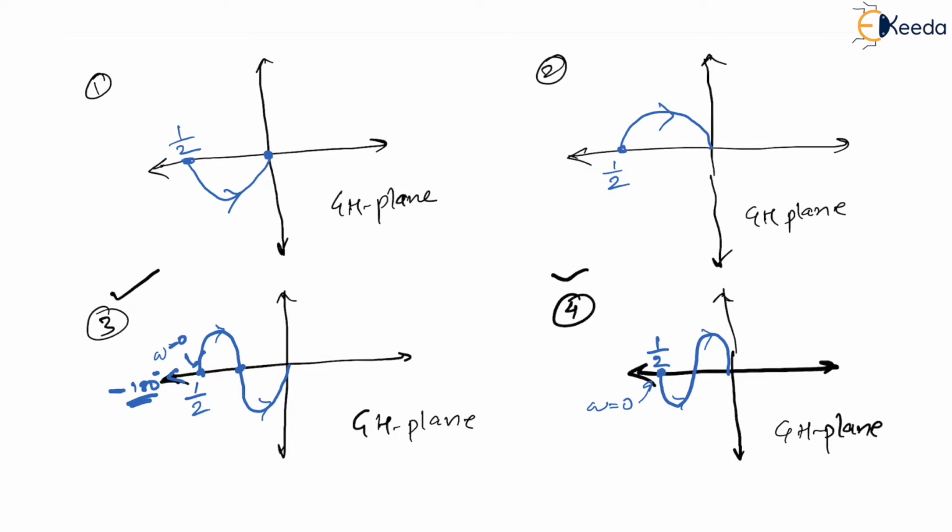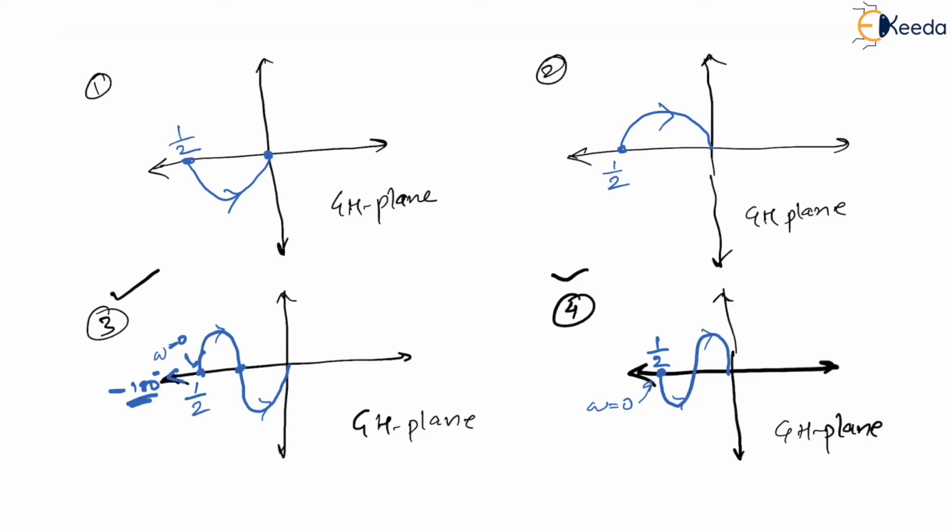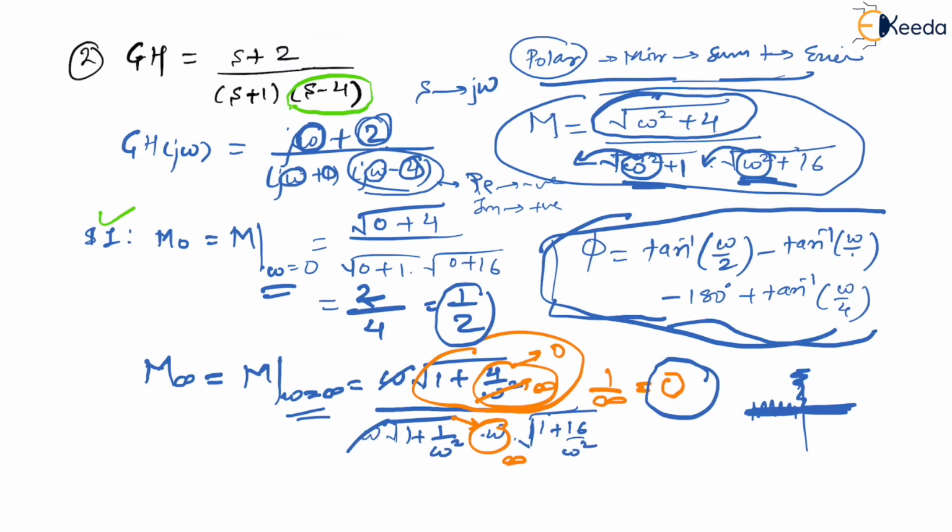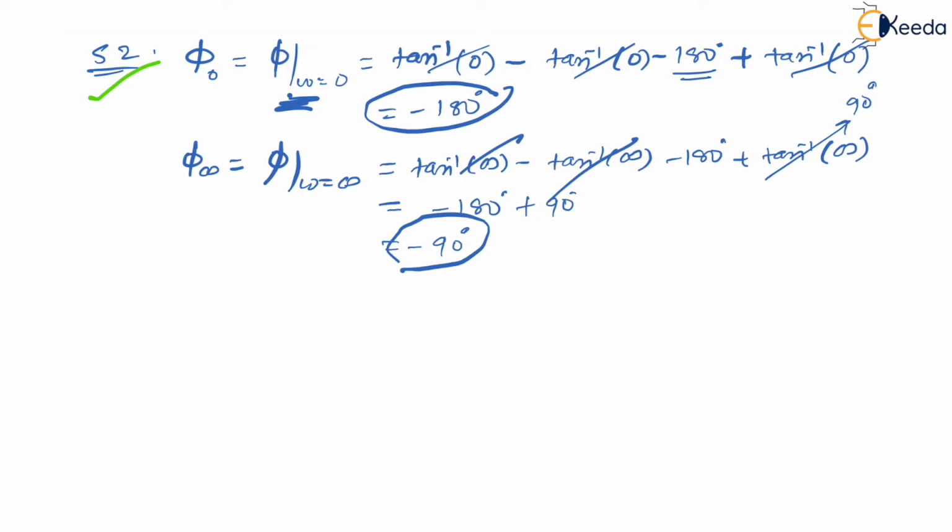For that, I will use angle criteria. So angle criteria is what? It is nothing but phi, which is equal to our same angle, this one, the angle phase equation. So phi equal to tan inverse omega by 2 minus tan inverse of omega minus 180 degrees plus tan inverse of omega by 4.